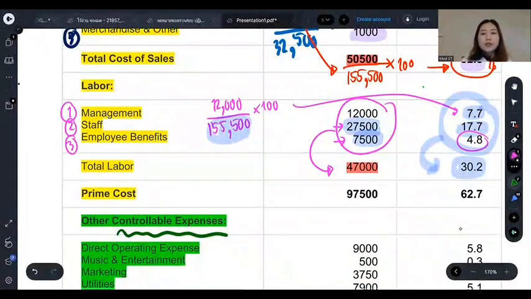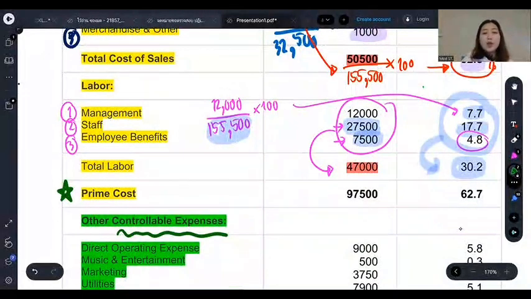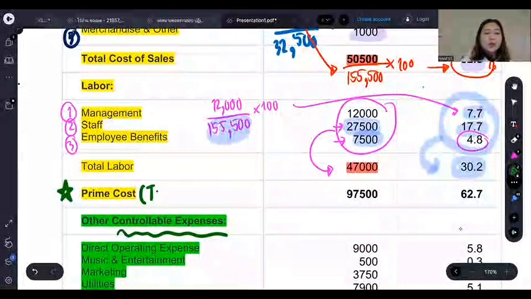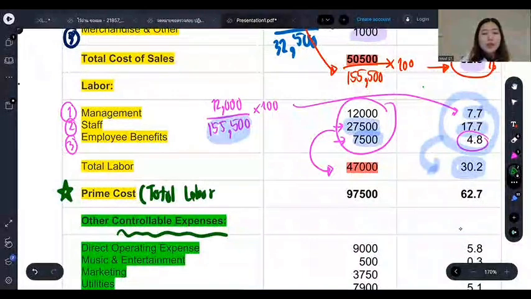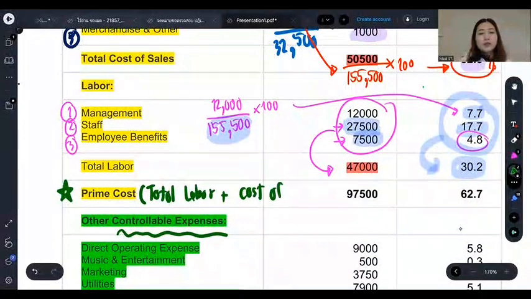And then for this line, we want to show about prime cost. Prime cost is the total cost of labor add with the total cost of sale.